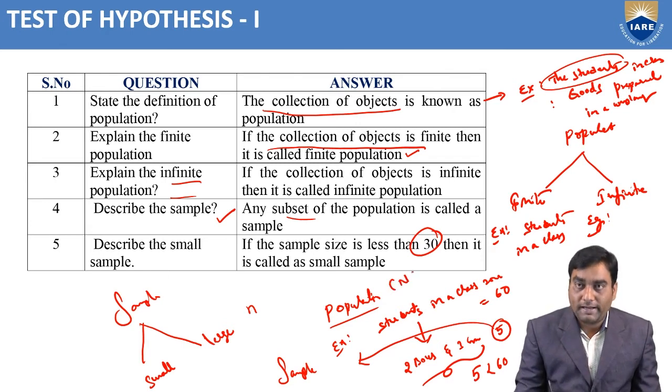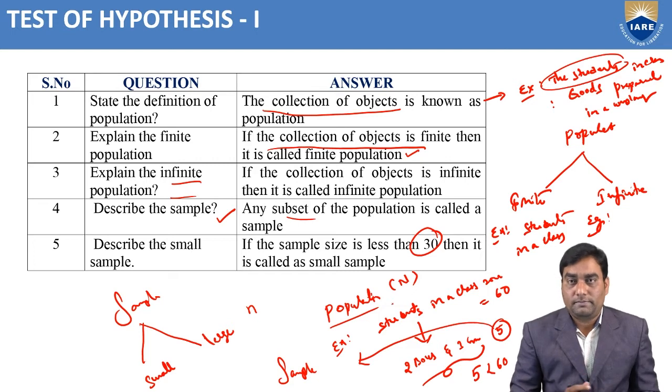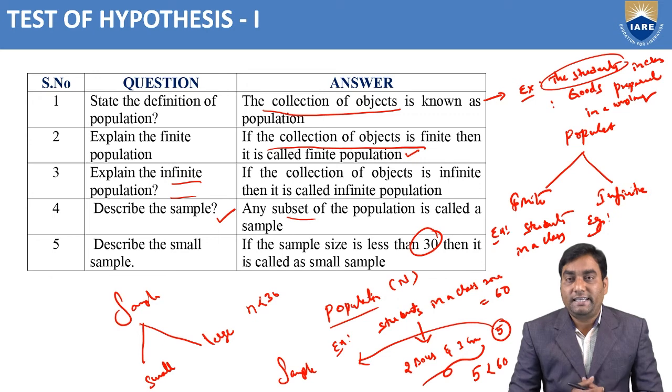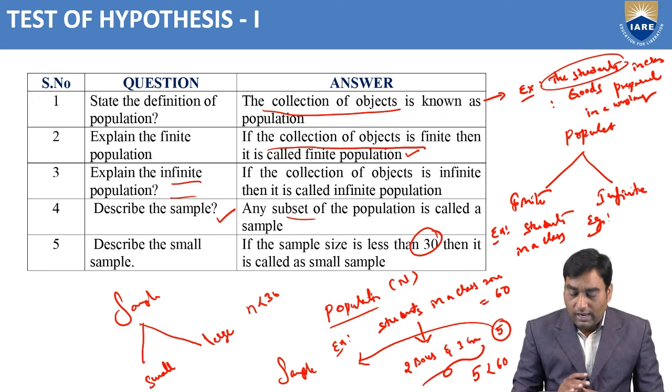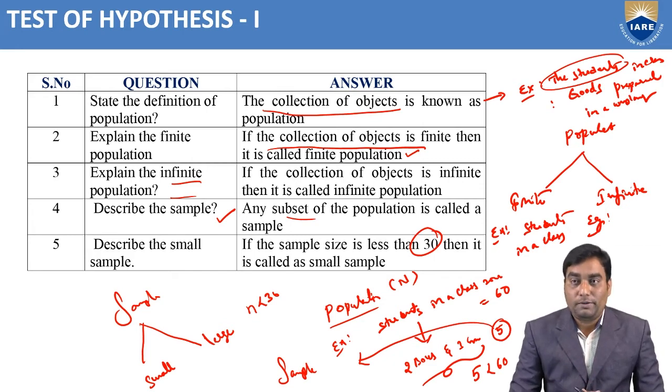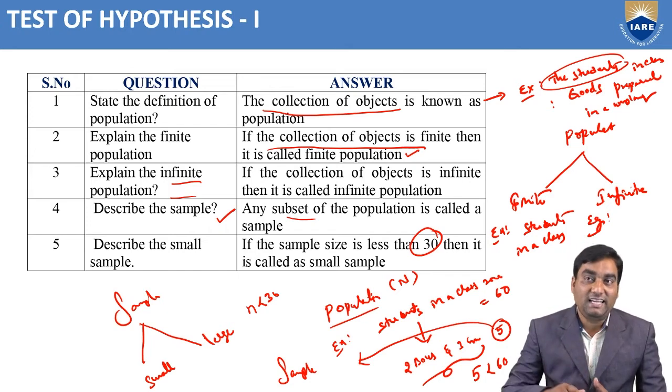Population size is denoted by capital N. Always, you should remember, if the sample size is less than 30, like the 5 students chosen from the class, that is a small sample because the size of the sample is only 5, which is less than 30.